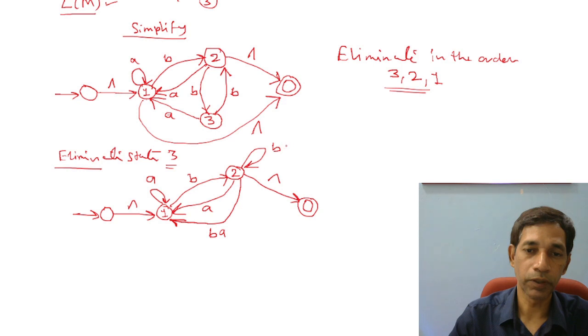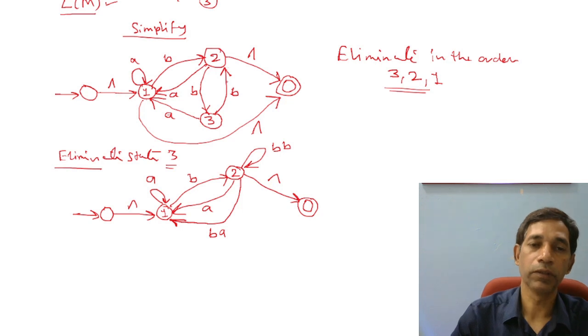So you have BB. For the regular expression with label BB, you have the loop at state 2. So these are the two outgoing edges from state 3. One goes to state 1 and the other goes to state 2. And you are only coming from state 2.